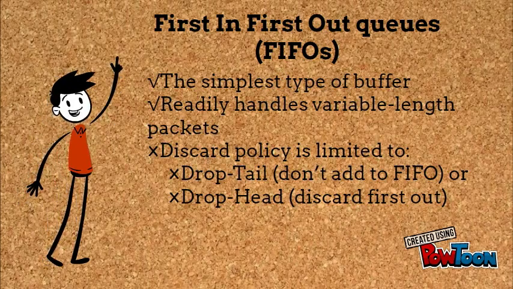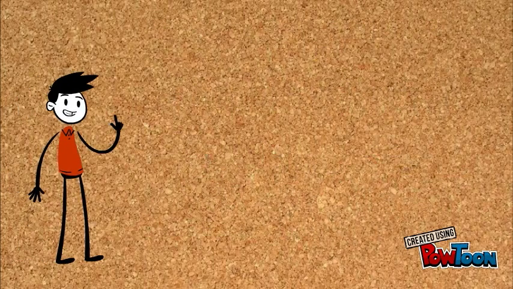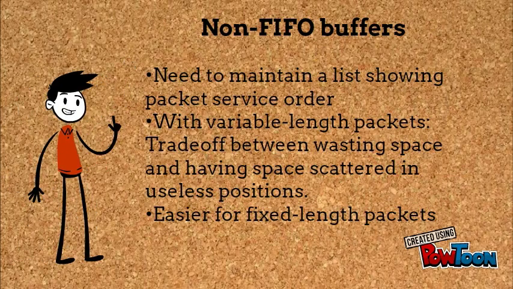First-in, first-out queues are the simplest type of buffer, and they can handle variable length packets, but the discard policy is limited, and they may also lead to head-of-line blocking. We may also consider non-FIFO buffers, but they have to maintain a list showing packet service order with variable length packets.